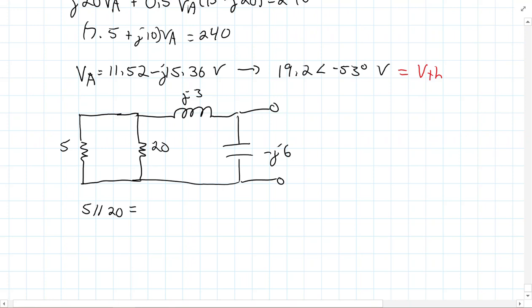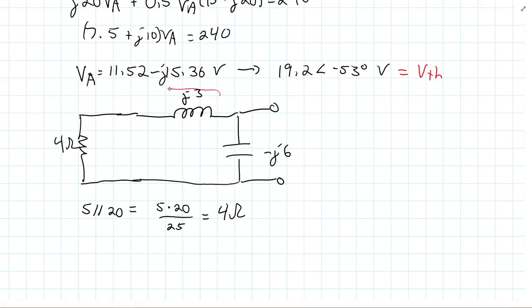And clearly we have the 5 in parallel with the 20. So 5 in parallel with 20 would be 5 times 20 over 25, which would just be 4 ohms. So I'll go ahead and modify this diagram as we go through. Now I did that parallel combination, I've got 4 ohms.